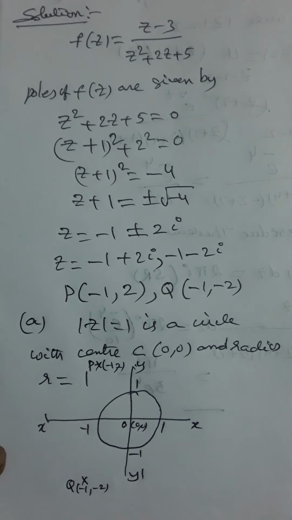Poles P and Q lie outside the circle mod z is equal to 1.